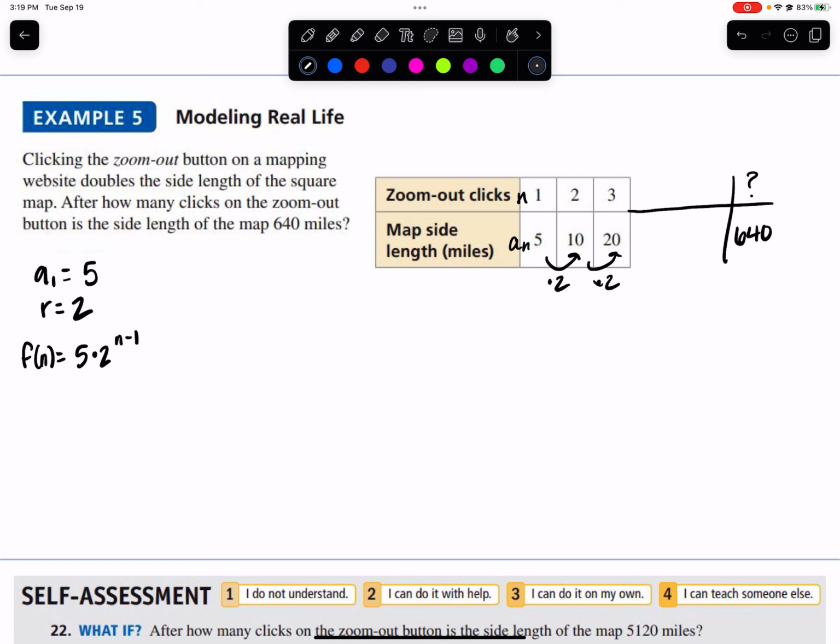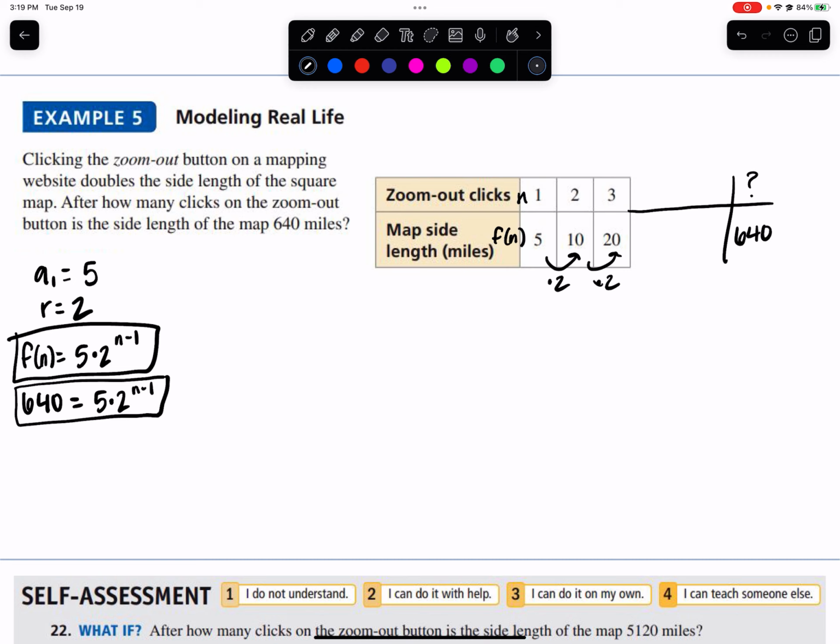All right, and when it asks after how many clicks on the zoom out button is the side length of the map 640 miles, we are talking about when the f of n is 640. So I'm replacing f of n with 640 and solving for n. We have not talked about this in class yet, so I do not expect you to get this immediately. It is going to take some practice. If for right now all you can do is get to this point, then that is okay with me, as long as you know what to plug in.